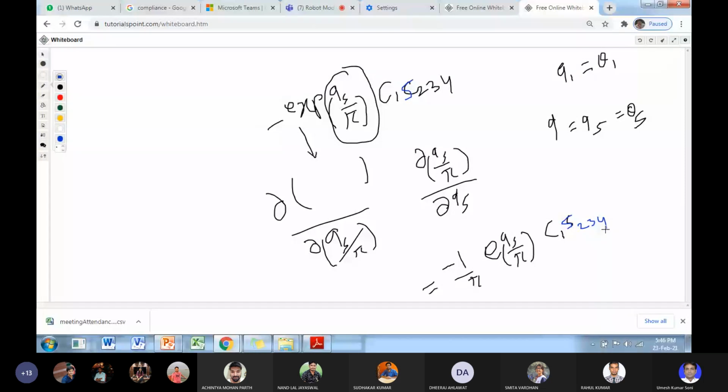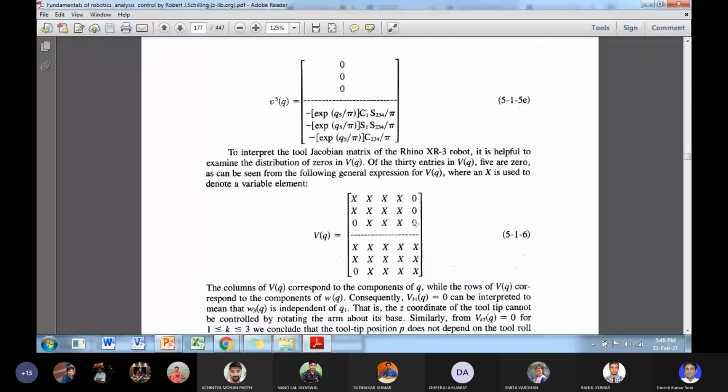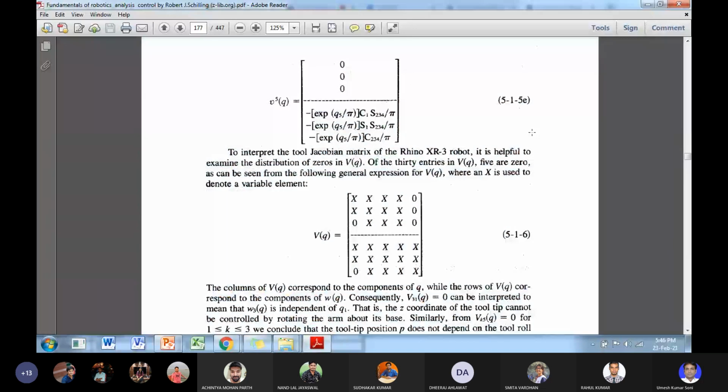So at last you have determined this complete matrix. This has the vector with respect to theta 1, that is represented by the first vector you have determined, second vector you have determined, third vector, fourth vector with respect to theta 4, and fifth vector with respect to theta 5.